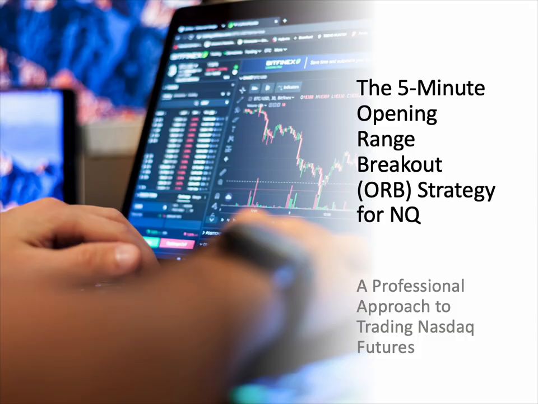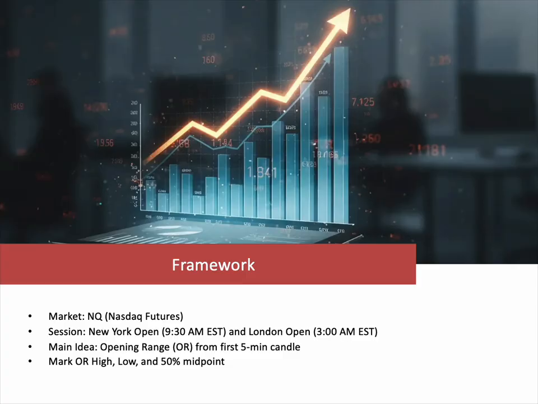So yes, as you guys know, it is the 5-minute opening range breakout, well known as the ORB strategy for NQ. So what is it all about? The framework, basically: the market is the Nasdaq. I usually trade New York session and London session.